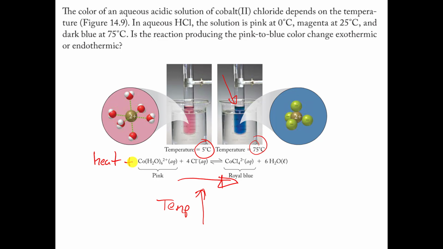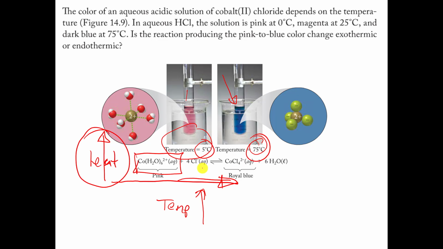Same basic thing that we were talking about with Le Chatelier's principle. We are at equilibrium. Let's say we're at equilibrium over here, and we have mostly pink stuff. But if we make the heat go up, because heat is on the left side of the equation, the reaction is going to get pushed to the right side to get back to equilibrium, to the blue side.